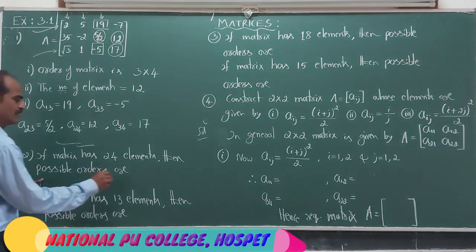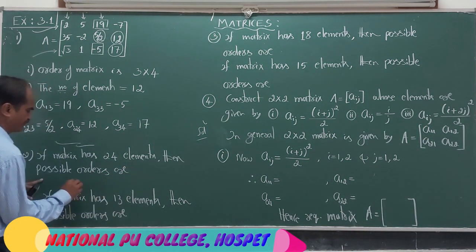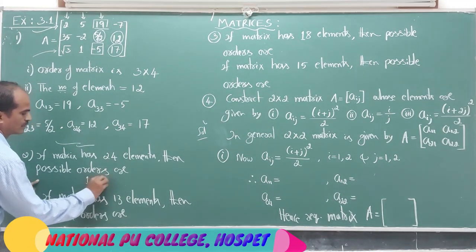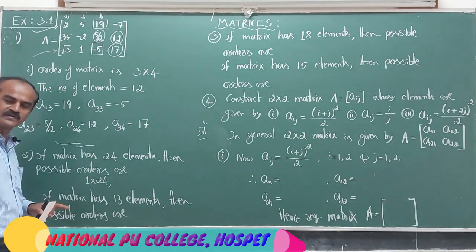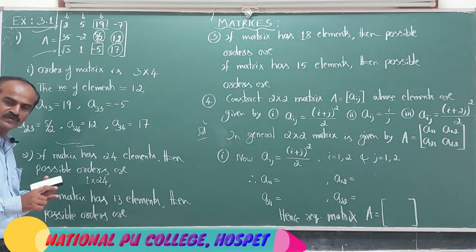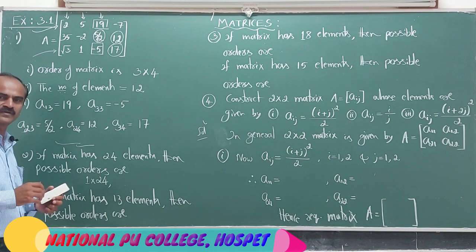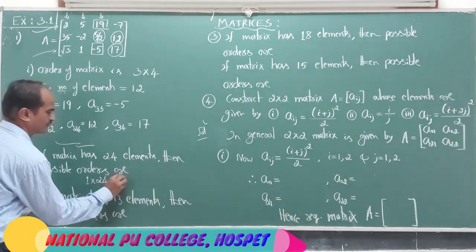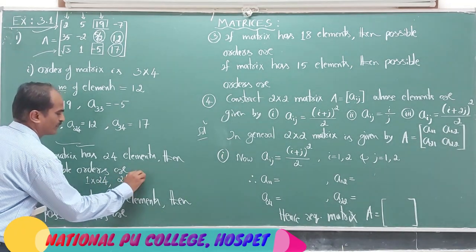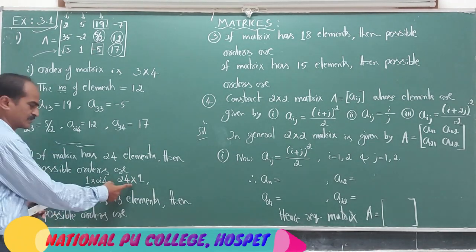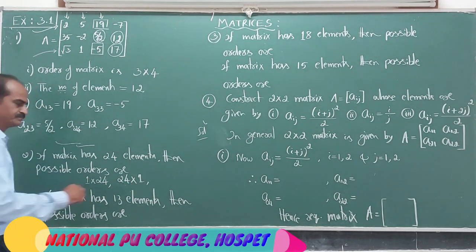So the possible orders are: 1 by 24, which means only one row and 24 columns, containing 24 elements, or 24 by 1, 24 rows and only one column, means it is a column matrix, the other is a row matrix.